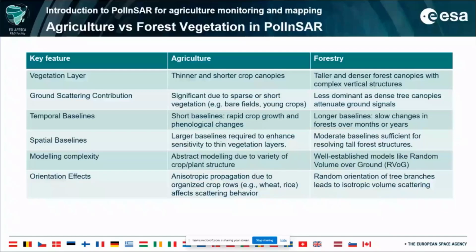But with forest canopies, we do not have these problems because those are complex vertical structures. So they significantly attenuate radar signals, making ground reflections less dominant. Then we have short baselines, which are useful for monitoring rapid changes in agricultural canopies.